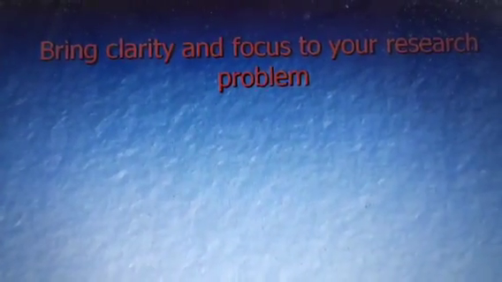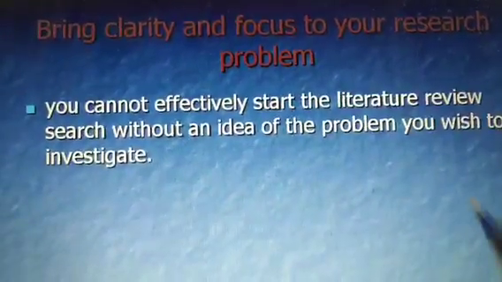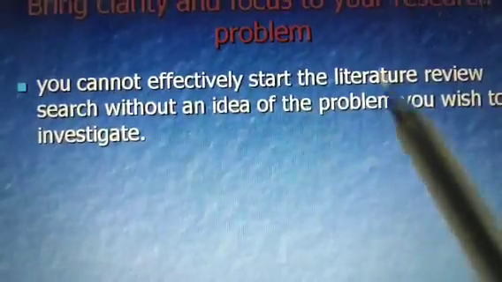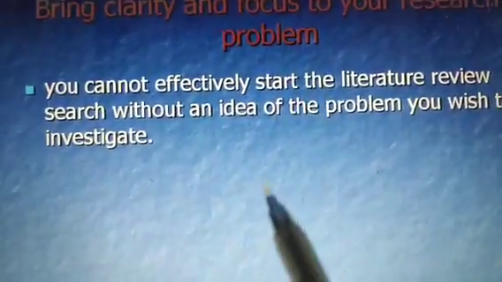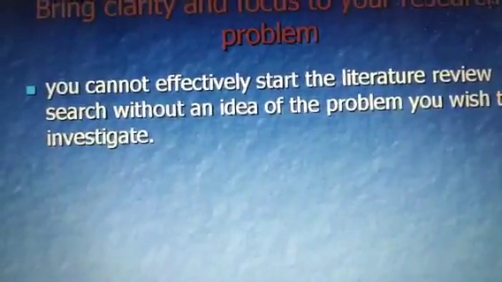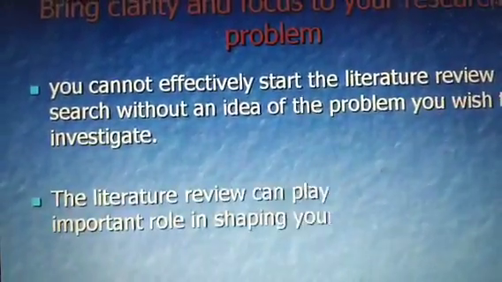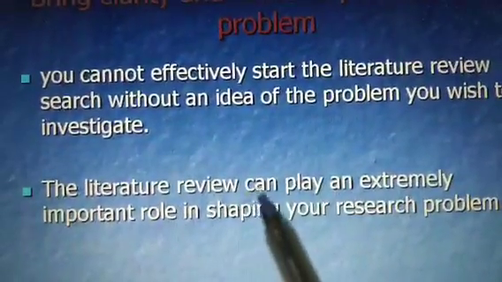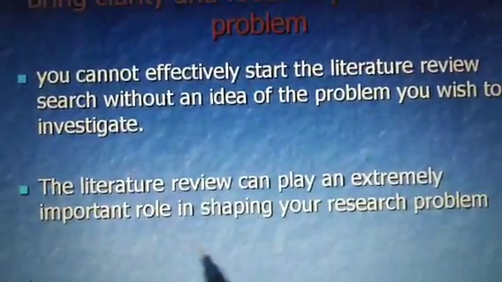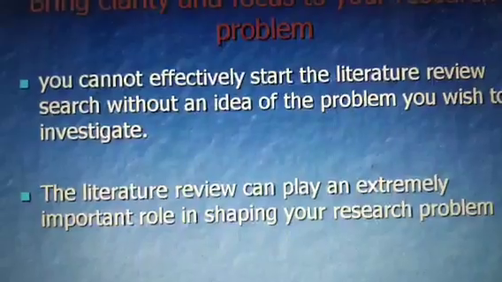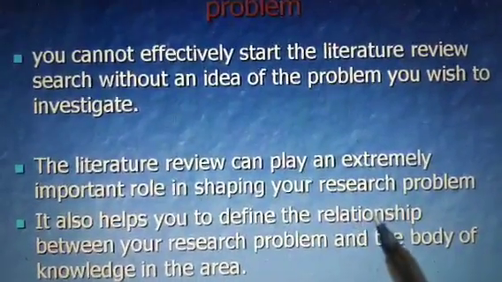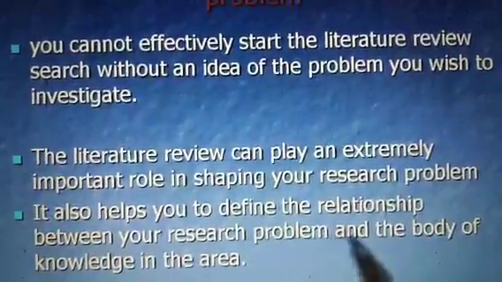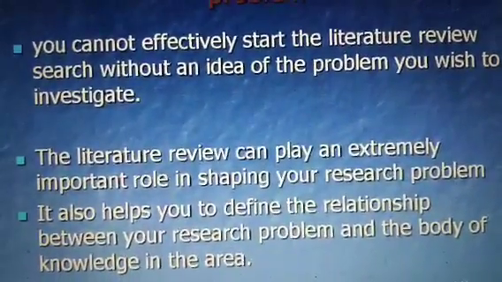You cannot effectively start the literature review search without an idea of the problem you wish to investigate. And students, the literature review can play an extremely important role in shaping your research problem. And it also helps you to define the relationship between your research problem and the body of knowledge in that particular area.